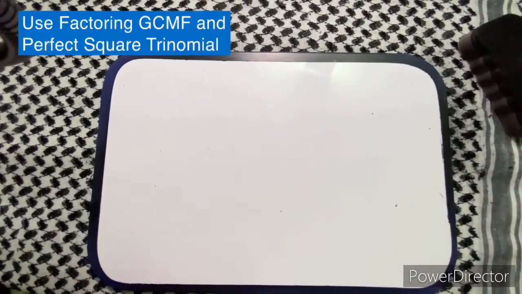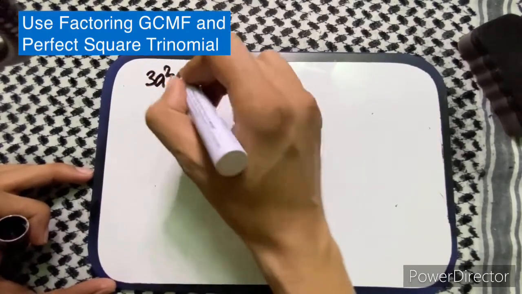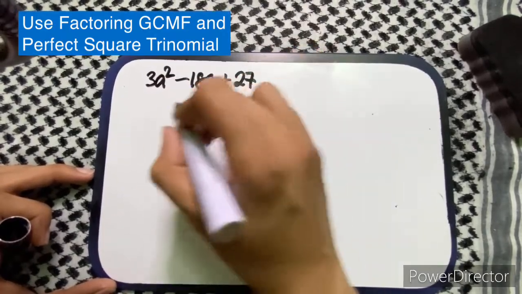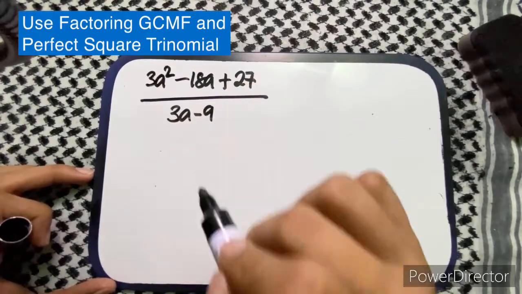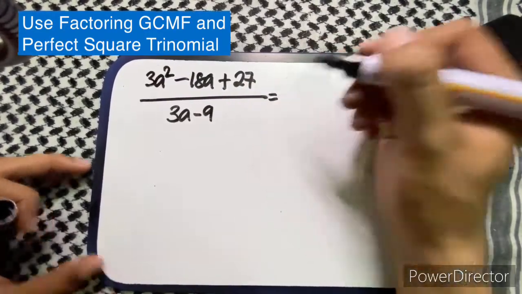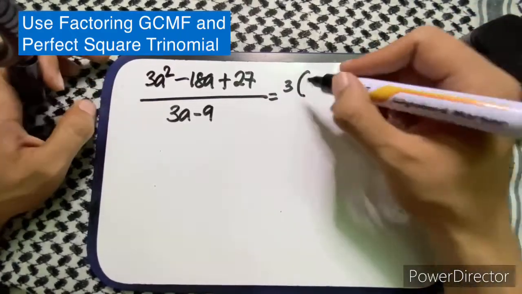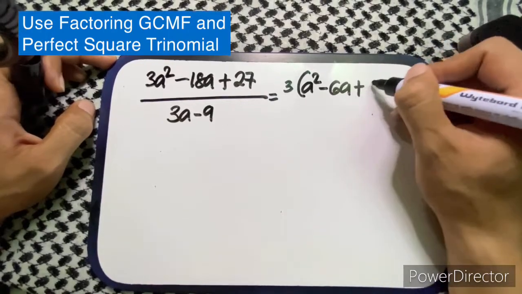Okay, for the last example, we have 3a squared minus 18a plus 27 all over 3a minus 9. We can rewrite this numerator with 3 as the common factor, then a squared minus 6a plus 9.